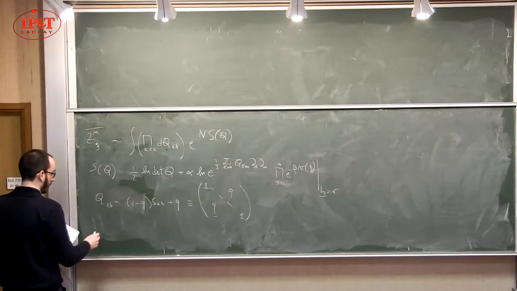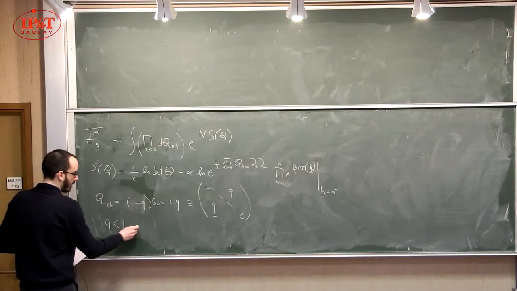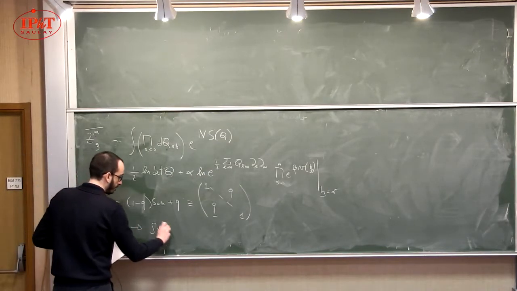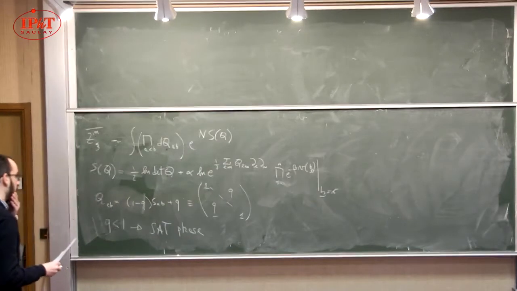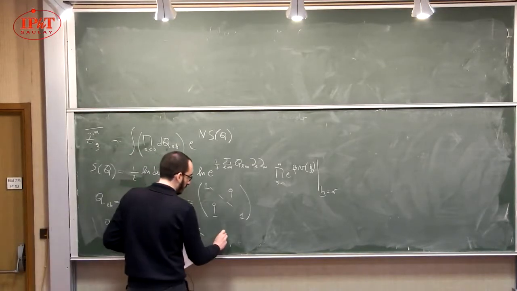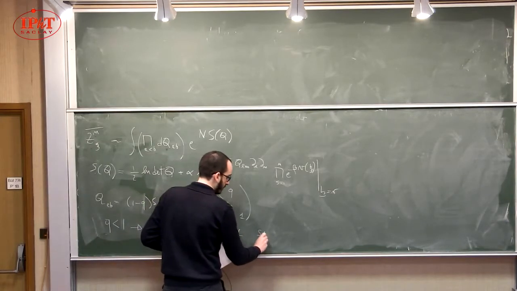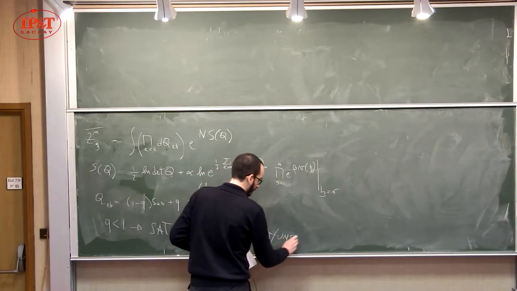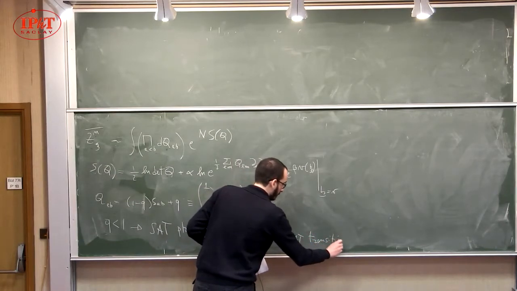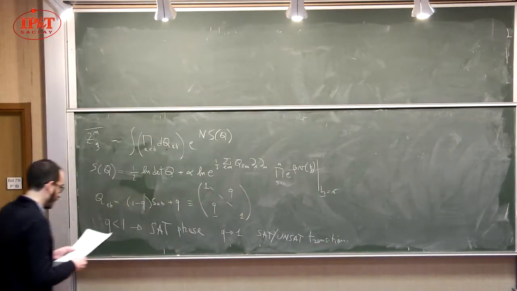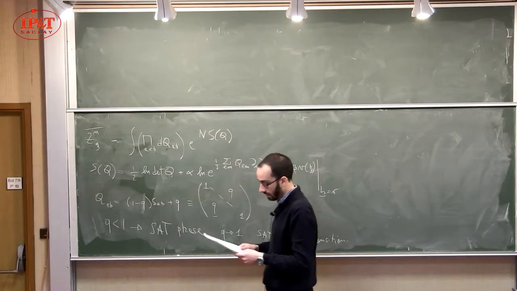And then we have assumed that q is smaller than 1. So this means that we are in the SAT phase. And then by taking the limit q to 1, we have obtained the Unsat transition. And then what we have done is that we have shown that we can compute.